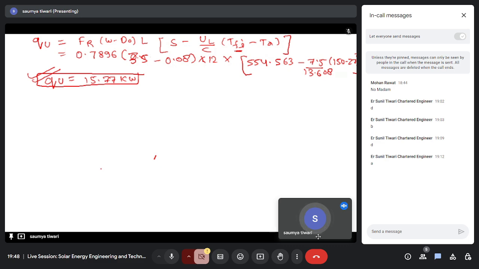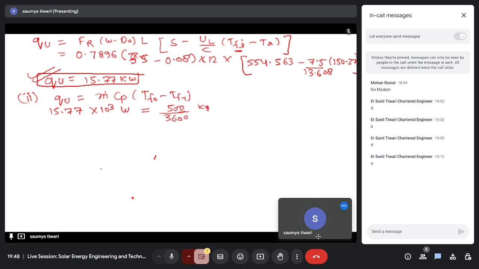Okay, now we know the Q useful. What else can we calculate from here? This heat is actually utilized to heat the fluid, right? So Q useful we can write as m cp delta T, where delta T is fluid outlet temperature minus fluid inlet temperature. Q useful is 15.77 kilowatt, so let's write it in watt. Mass flow rate we already know, it was 500 kg per hour, so 500 by 3600 will be kg per second.